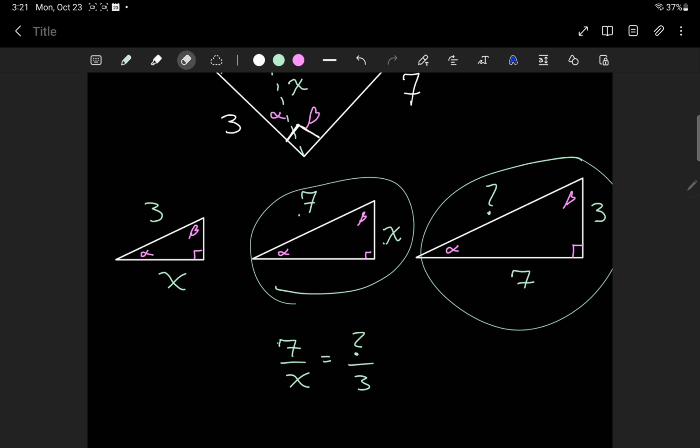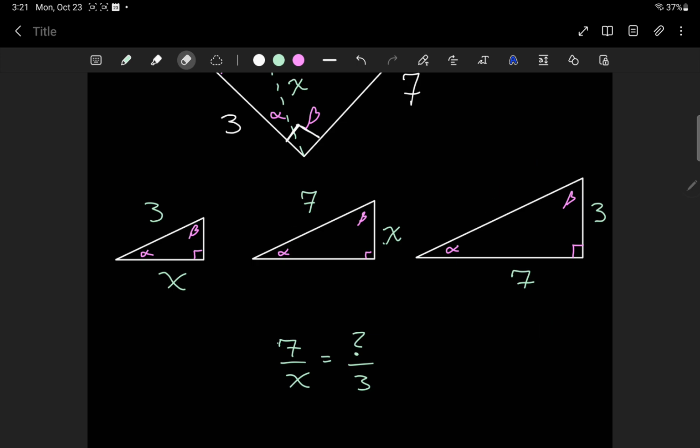So in order to think about the next step, we're not going to be able to do it in one step, but this one, as opposed to what I just laid out the last time, we can actually pretty easily figure out what this missing piece is here, simply because we've got a 90-degree angle here. So we've got a right triangle, and we've got two sides, 3 and 7.